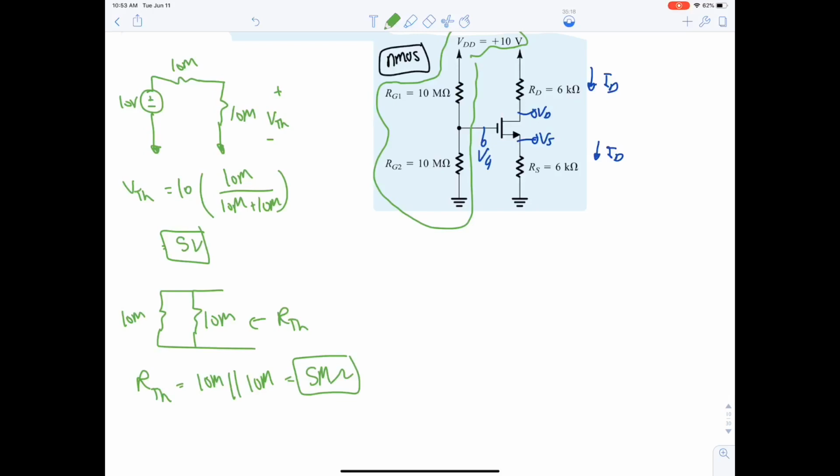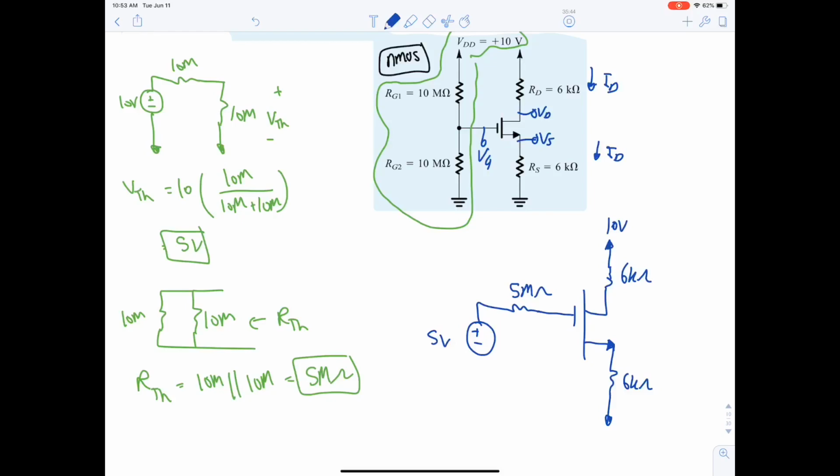Let's redraw the circuit. So now we have a voltage source 5 volt with 5 mega ohm. Okay, and the rest is the same, 6 kilo ohm. We have the arrow here, and here we have also 6 kilo ohm, and then we have a 10 volt.